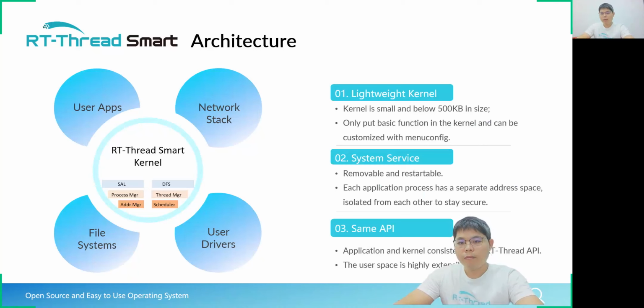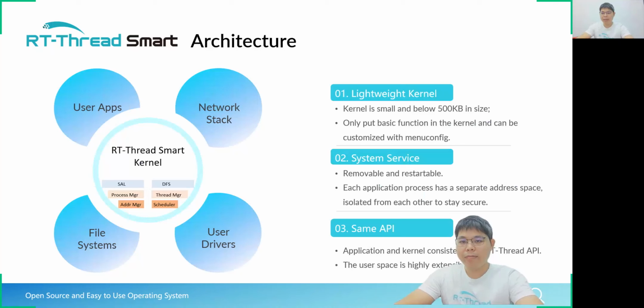For the user mode, the application part, the common operating system services can be separated and placed in the user mode. For example, you can place the network protocol stack, file system, and device drivers into the user space, and each application process has a separate address space, so the apps can be operated and upgraded independently.